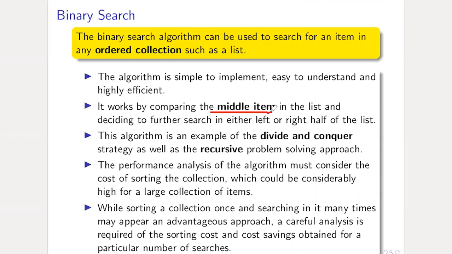If that is not a match, then it will decide whether the search should continue with the left half or the right half of the list. So this is a classic use of the divide and conquer strategy, as well as implementing it through recursion. It is divide and conquer because you get a big problem, and to solve it, you divide the problem.